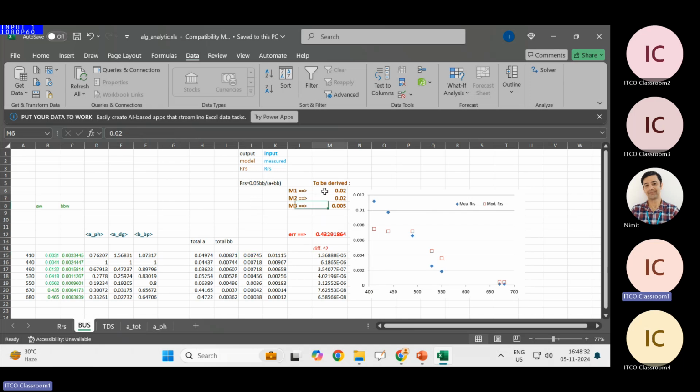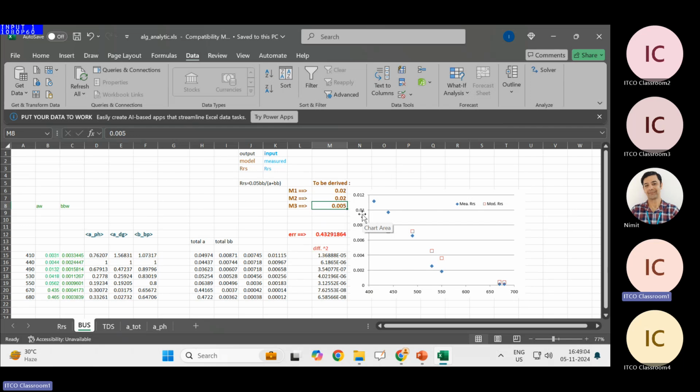Here you see, with this guesstimate of these three values, this modeled Rrs is significantly different from the measured Rrs. So we want to change the M1, M2, M3 values to make it consistent, or at least to match this blue as closely as possible. You can do it manually. That's what I did when I was learning ocean color remote sensing.